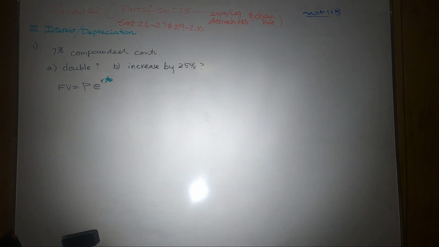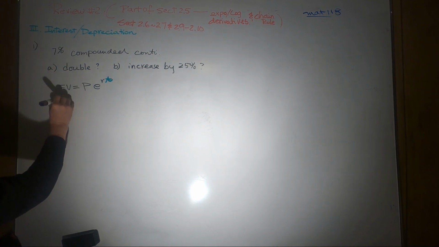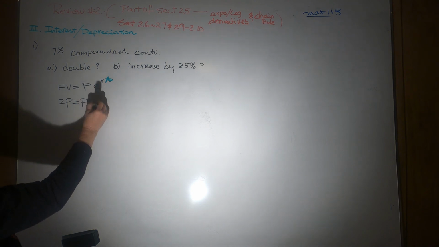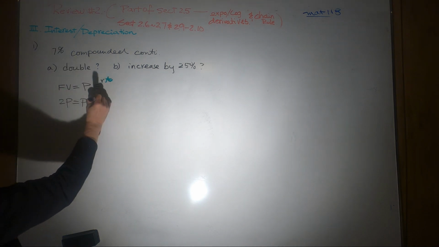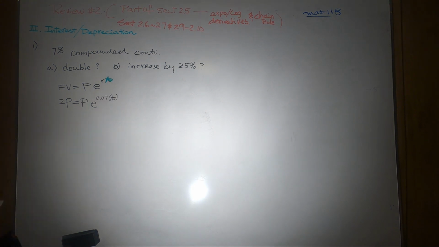Let's see. You just plug in, right? So future value, if double, would be 2P. The r is what? 7%, 0.07. T is your variable, right?